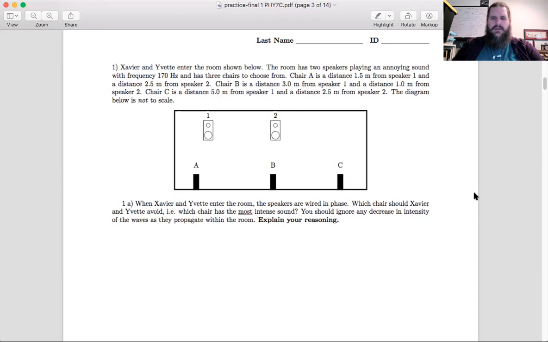Yeah, we want to find the chair that has the most sound. And that's going to be related to distance. But this is ultimately about interference.